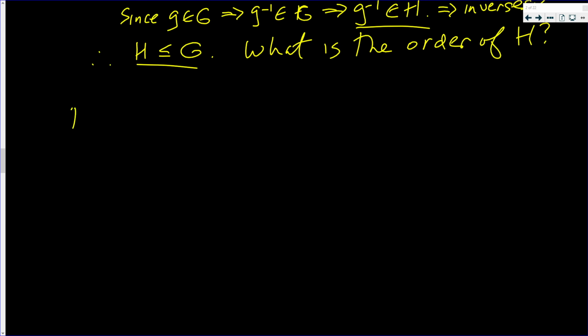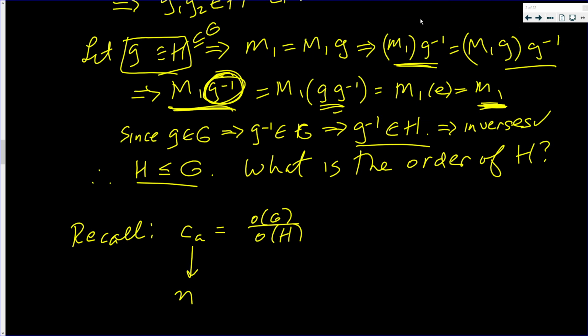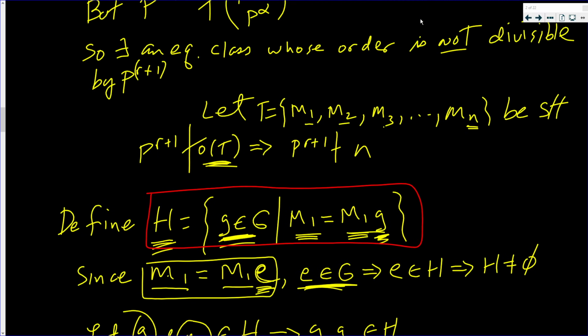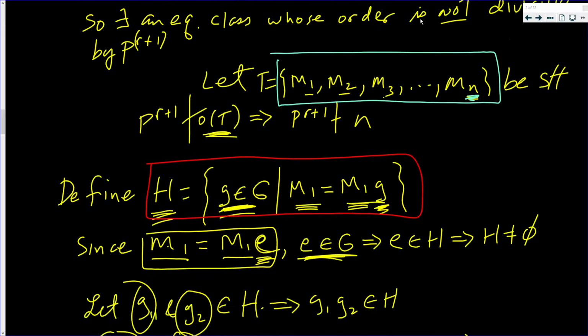Now, let's recall an old friend, an old formula. The number of elements in the class of A is equal to the order of G over the order of H. But the number of subsets in our equivalent class is N. We're saying that that's our equivalent class that has N elements.